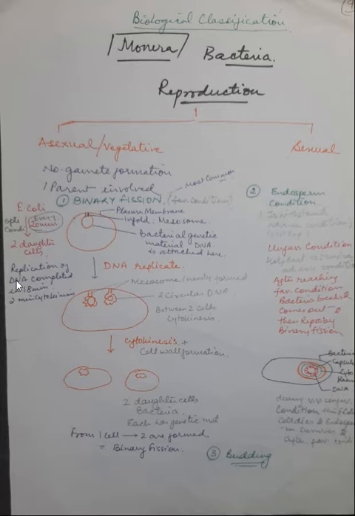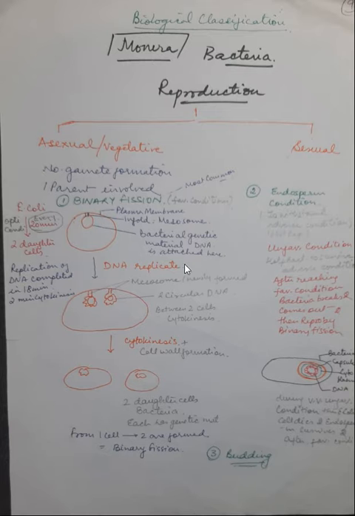Actually, this replication of DNA gets completed in 18 minutes, and in the remaining 2 minutes the cytokinesis and the cell wall formation takes place, which helps in splitting the two daughter cells. So first the DNA replicates, and this process in case of E. coli takes place in 18 minutes, and after that the cytokinesis and cell wall formation, which helps in separating these two daughter cells, would take 2 minutes further.